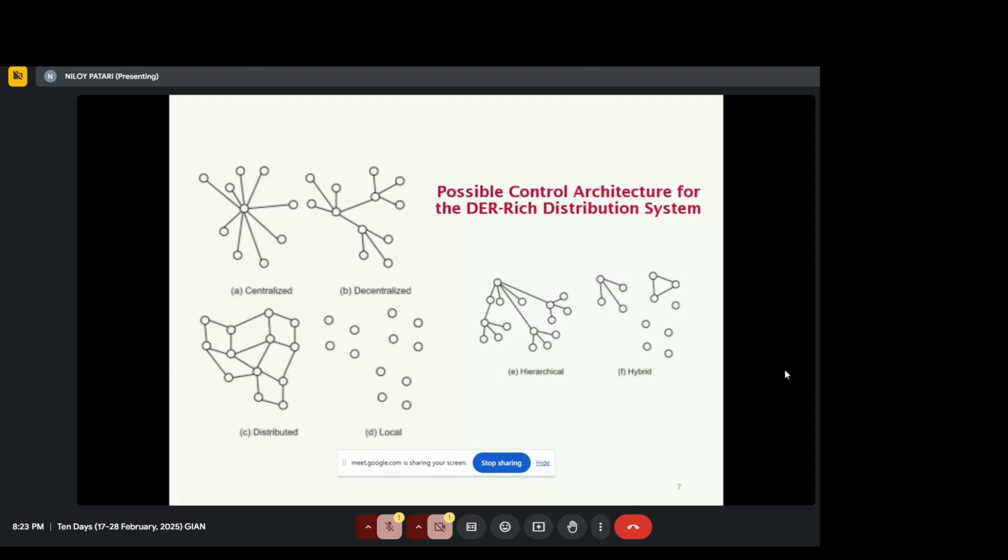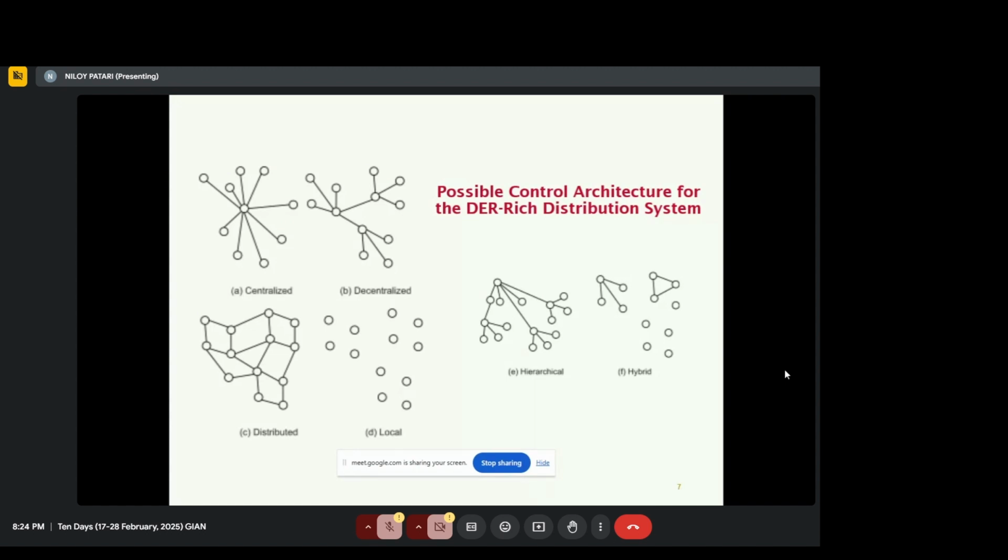The capacitor banks can be modeled in OpenDSS in such a way that you sense the voltage. If the voltage is down, then switch on the capacitor. If the voltage is up, don't change the status of the capacitor, right? That is a local control architecture. Why? Because it is local measurement, local computation, local sensing, everything is local.